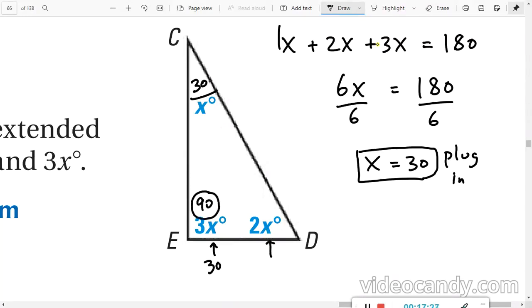And if you plug in the 30 right there, 2 times 30 is 60. Does your answer make sense? Well, 30 plus 60 plus 90 equals 180. And that's what we wanted. So it checks out.